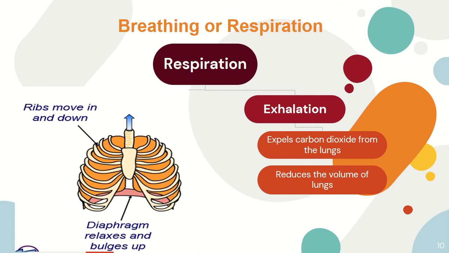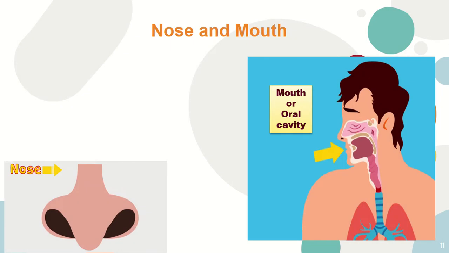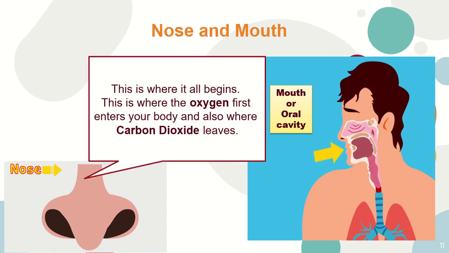Now, when we inhale, air passes through the nose and mouth. This is where it all begins. This is where oxygen first enters our body and also where carbon dioxide leaves.